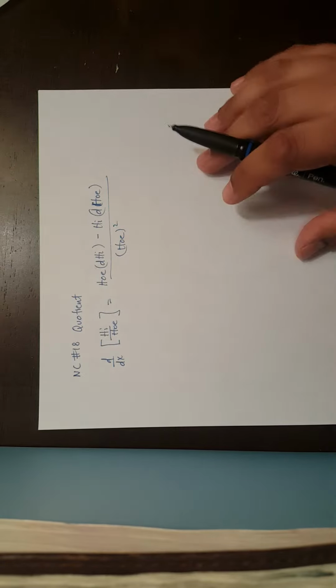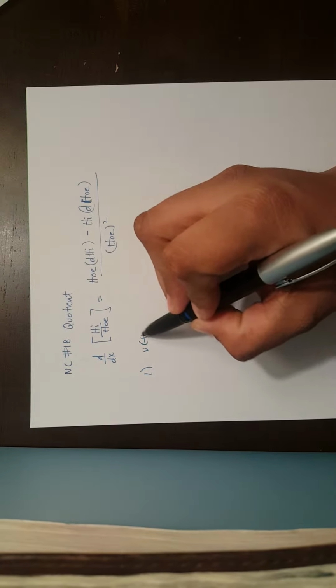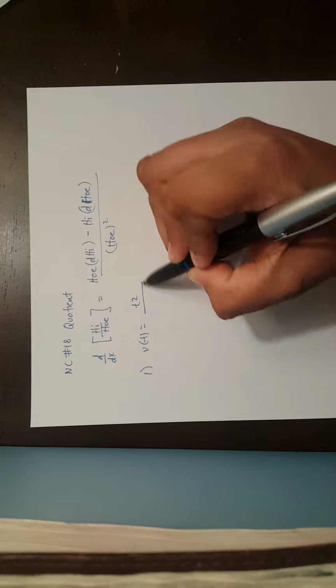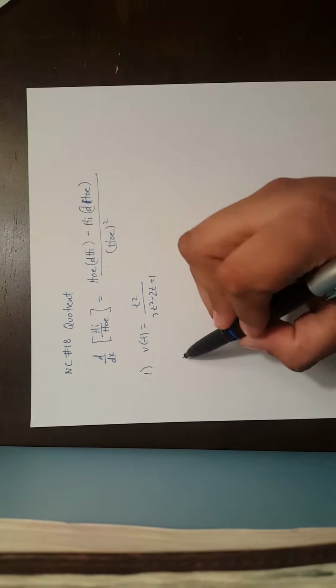So if we apply this formula to the first question: given the function t squared over 3t squared minus 2t plus 1, find the derivative.